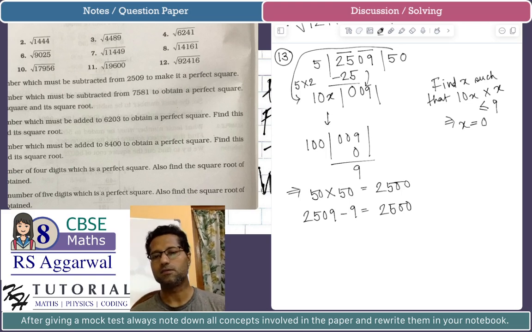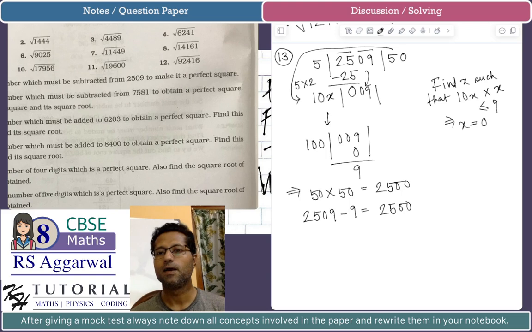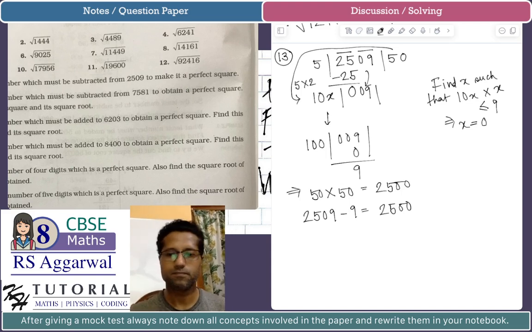But is the number 9, which is the remainder in this case, the least number? The problem has asked to find the least number which we must subtract from 2509, and the answer is of course yes. Whatever the remainder is in a long division method, that will be the least number that must be subtracted from the given number to make it a perfect square.